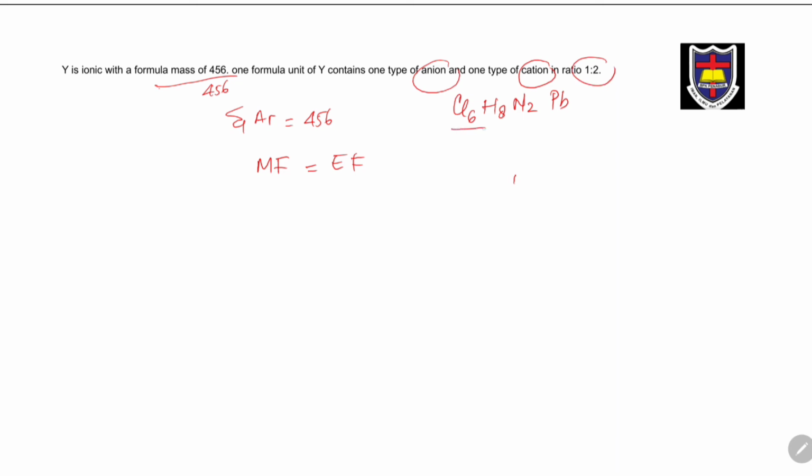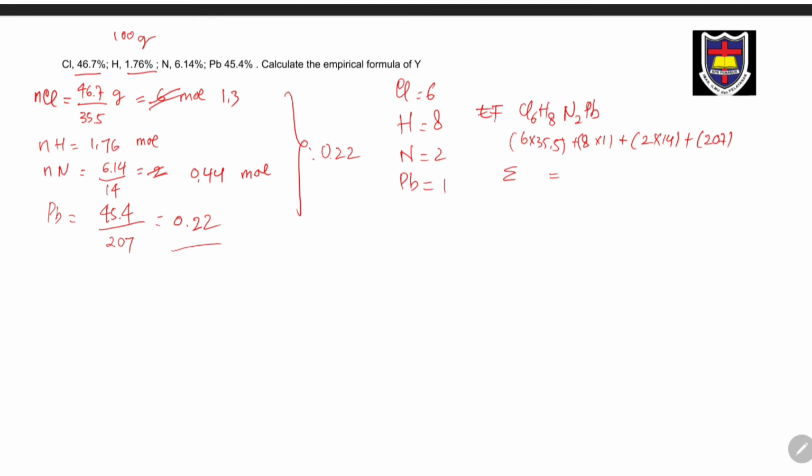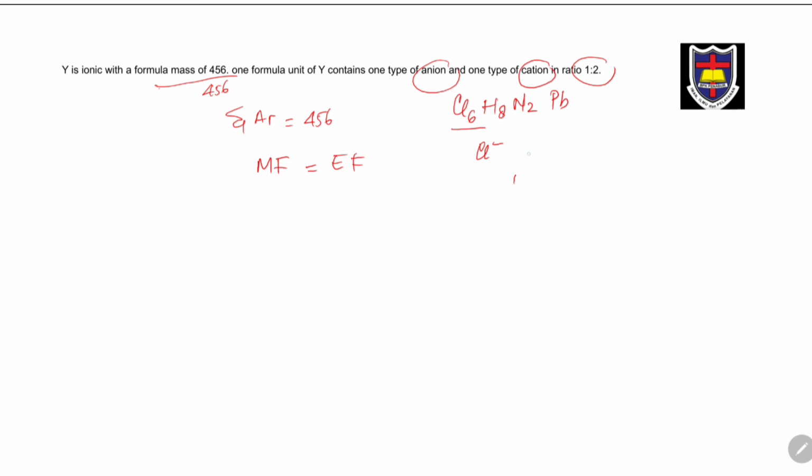We have Cl as Cl minus, Pb could be 2 plus or Pb 4 plus, and N and H as NH4 plus.